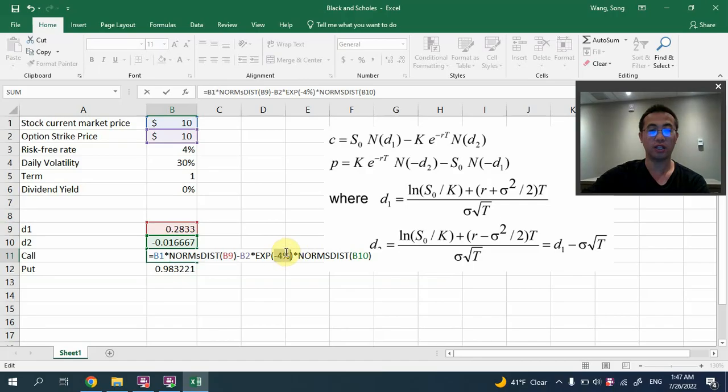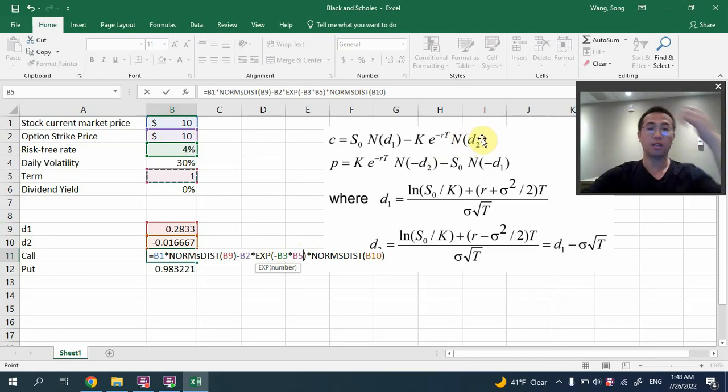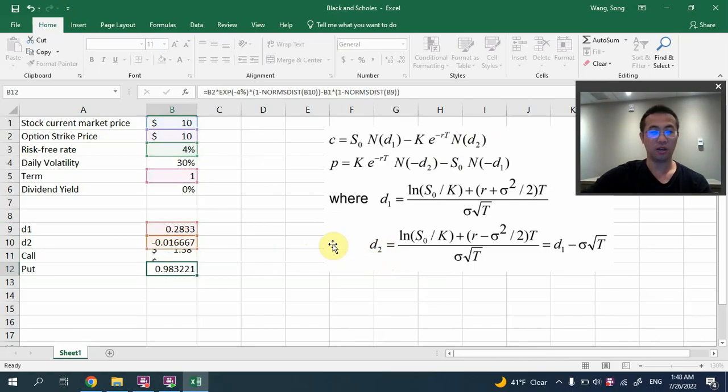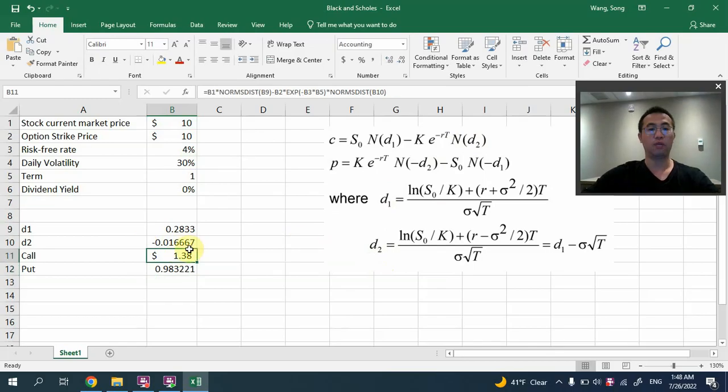So this is actually the negative sign times the 4%, times the term, and then times the normal distribution, the probability of the values under this threshold of D2. So you just use a normal distribution function in Excel, very handy. You put the Z value here, the threshold D2, and then you hit enter. So the option value should be 1.38 for this call option.